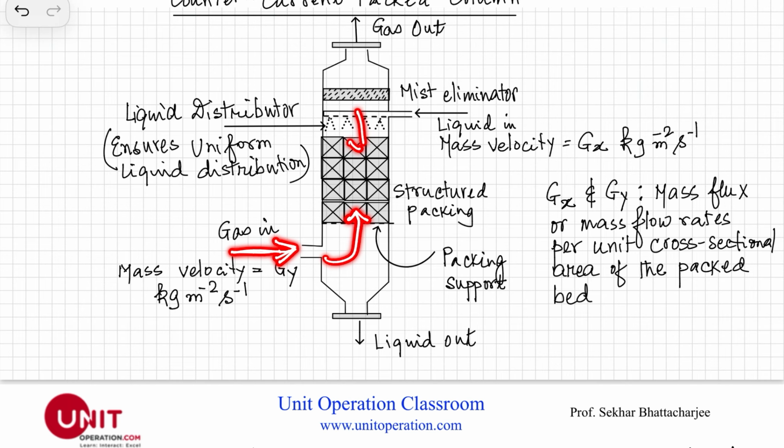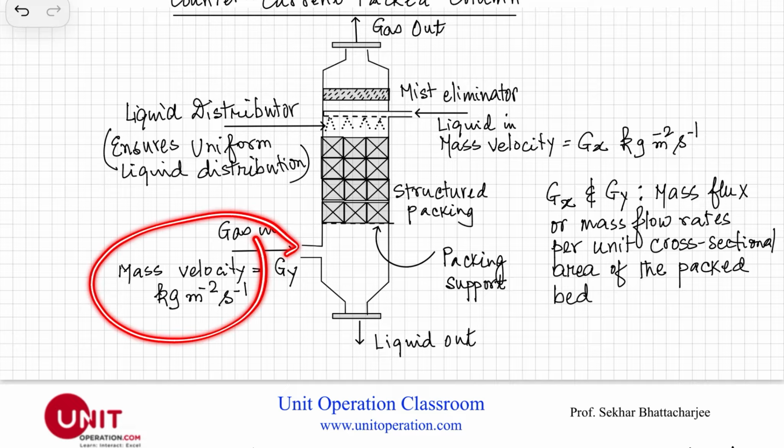It impedes or prevents the liquid from flowing. So at a certain point of increasing the mass velocity of the gas, there will be flooding. And there's a significant increase in pressure drop, and the performance of the packing column drops very significantly. So it has to be avoided.